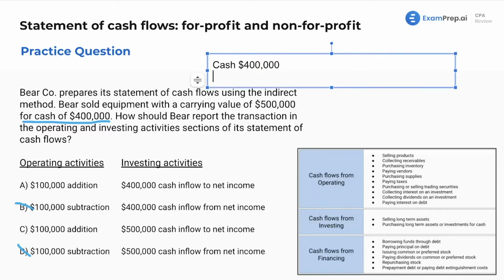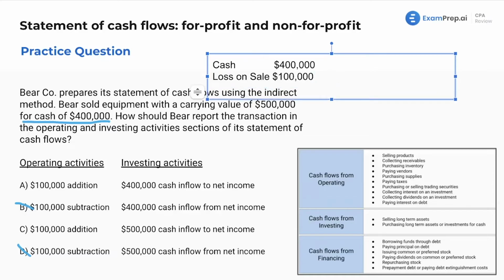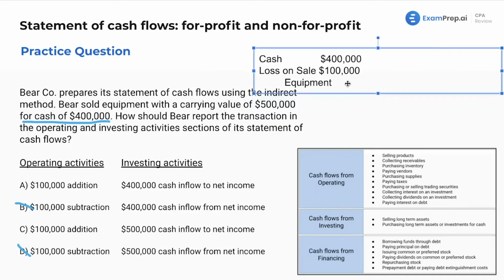We are also going to debit our loss on sale of $100,000, because that could either be the plug or you can just remember that you credit gains and debit losses. And lastly, we are going to credit equipment, or PP&E, because we're getting that off our books. You would also include depreciation here, but none is mentioned, so we just don't include that.